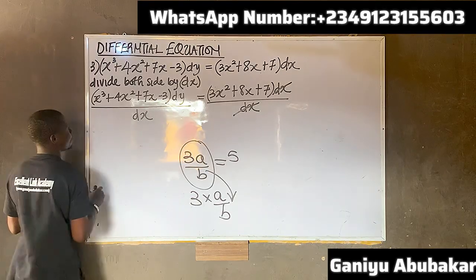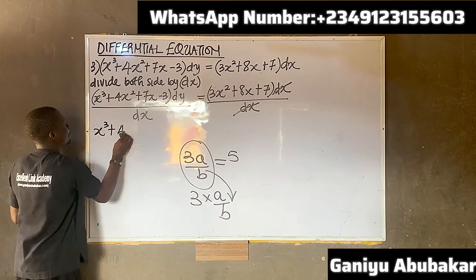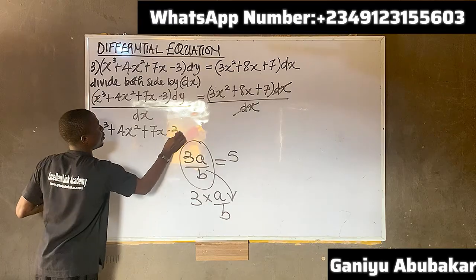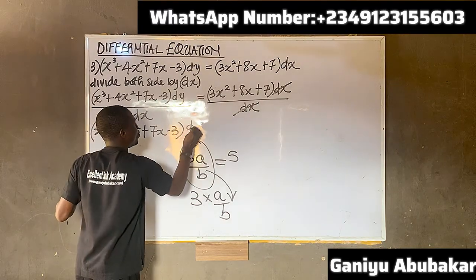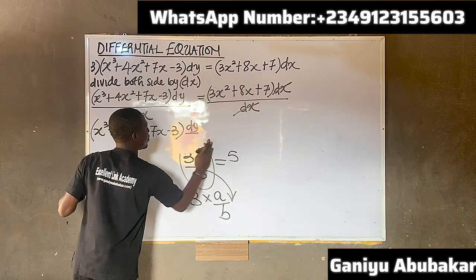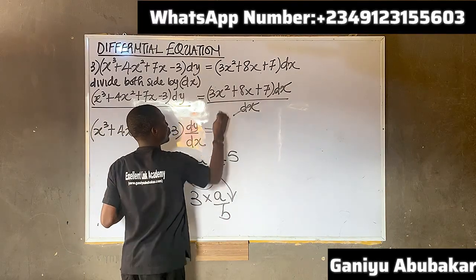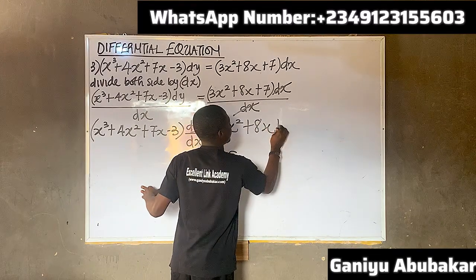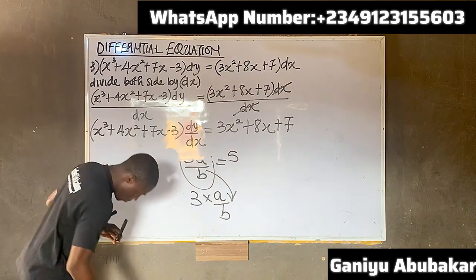So I'll have x cubed plus 4x squared plus 7x minus 3, with dy over dx together, equal to 3x squared plus 8x plus 7.